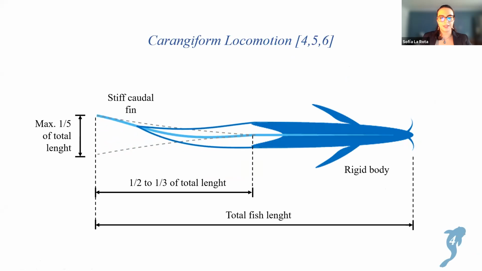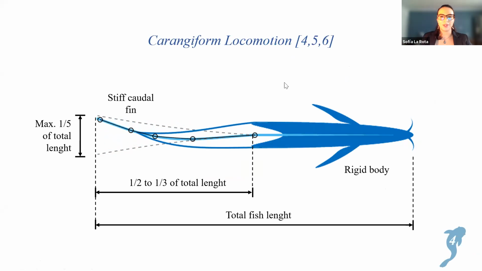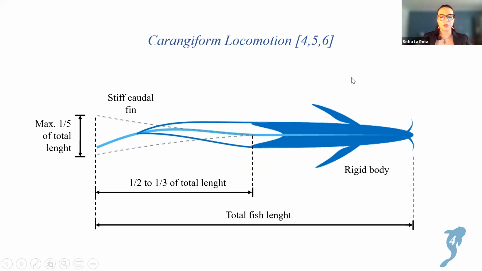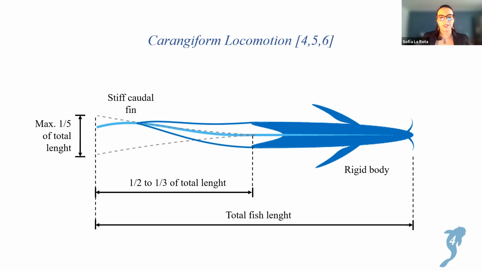Now, for the next section, I'm going to define carangiform locomotion, which is a type of undulatory body-caudal fin swimming mode found in fast-moving fish. It is characterized by high swimming speeds, good maneuverability, and extraordinary mechanical efficiency.